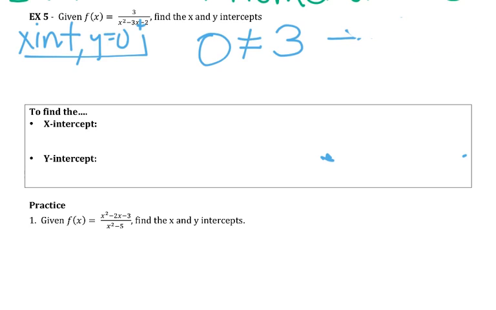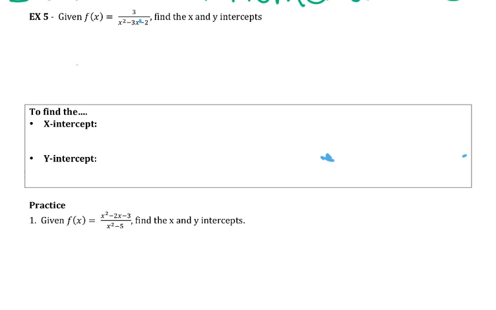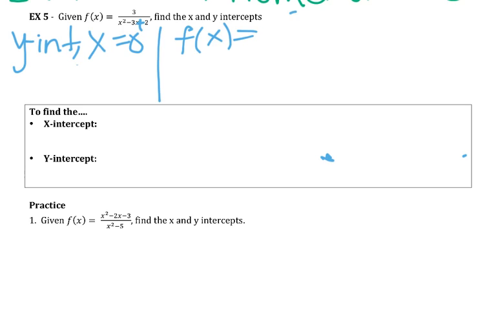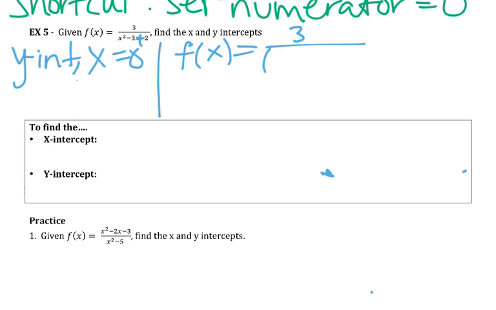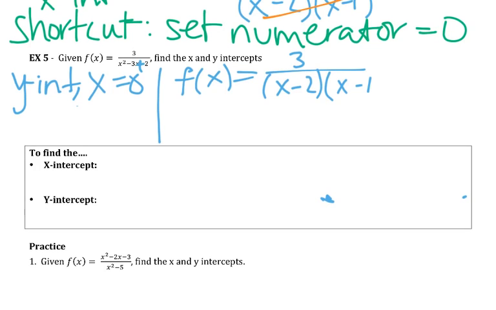Okay, let's talk about the y-intercept. For the y-intercept, we are going to set x equal to 0 and plug it in. All right, so let's look at the factored version first. F of x equals 3 over x minus 2 times x minus 1.